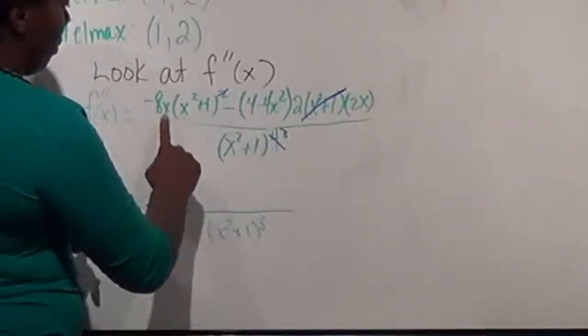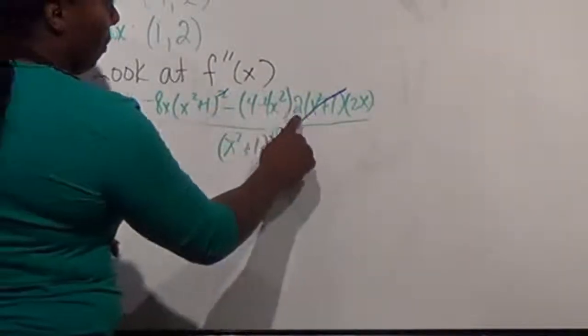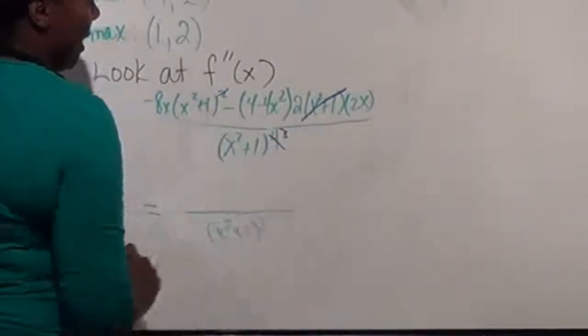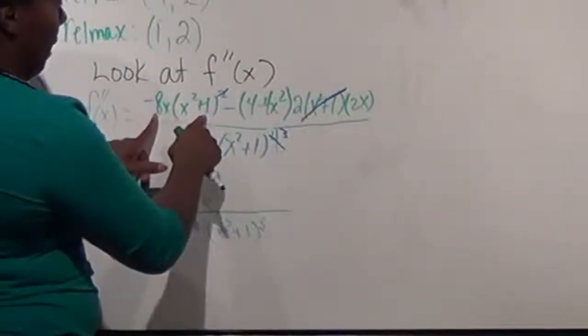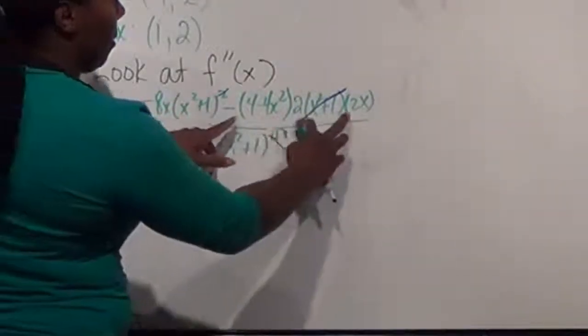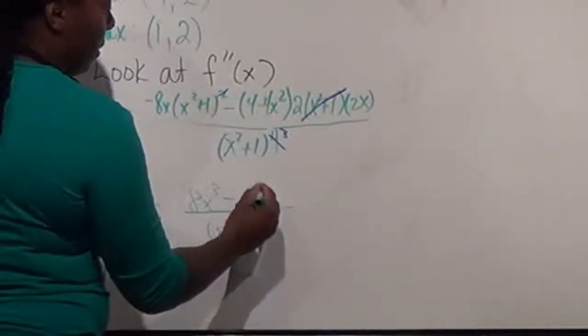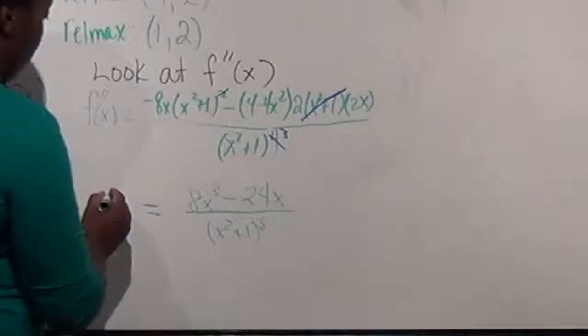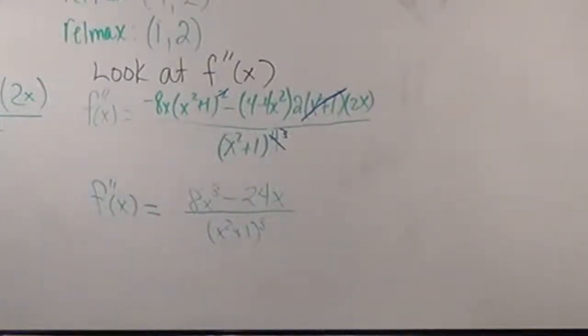So combining terms, we have an 8x cubed, a -8x cubed, plus a 16x cubed, a -8x minus a 16x. So there's our f double prime.